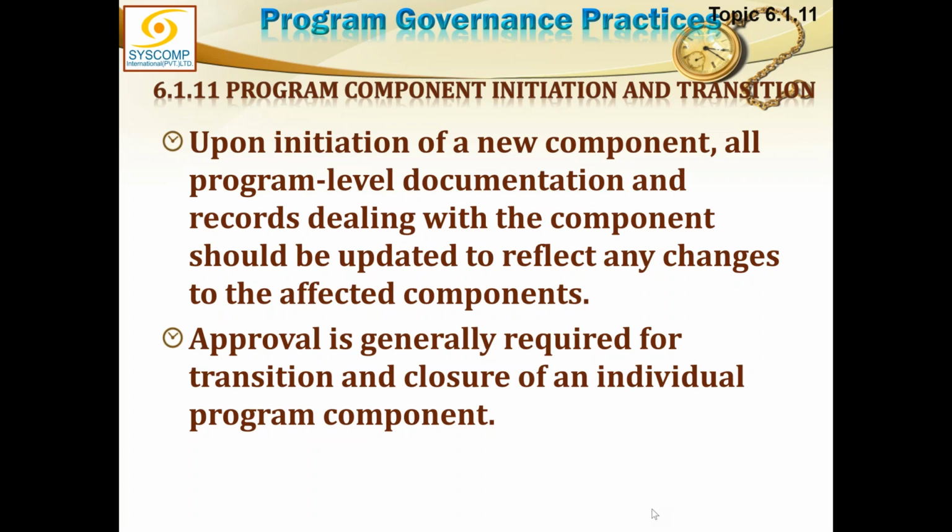Within each phase of the project, the governance board will not be bothered. The program manager will deal with it. But only when initiating or closing a component, that is the point when he will seek permission from the program governance board. So initiation, transition, and closure. Exactly.